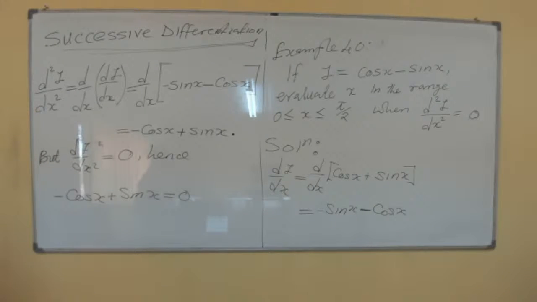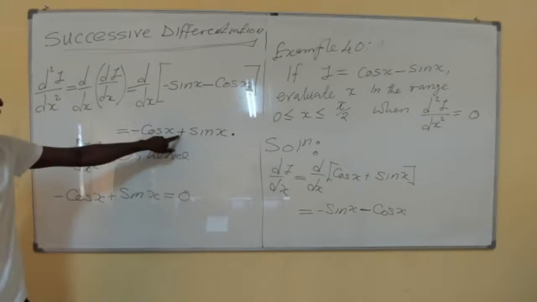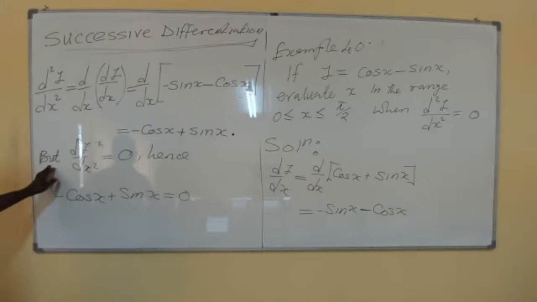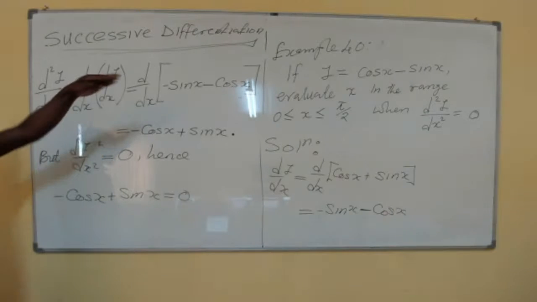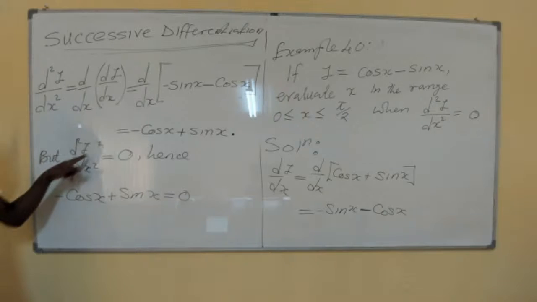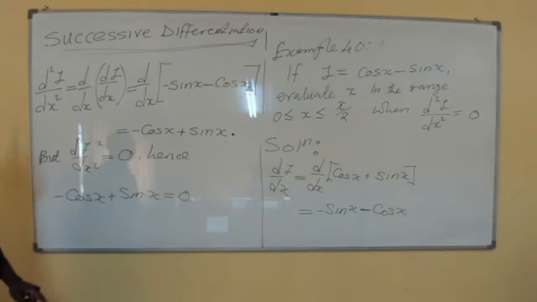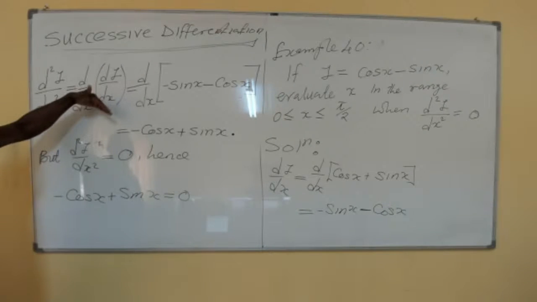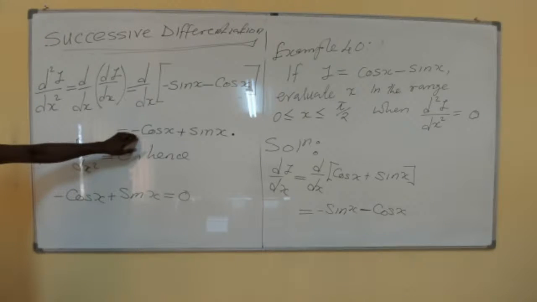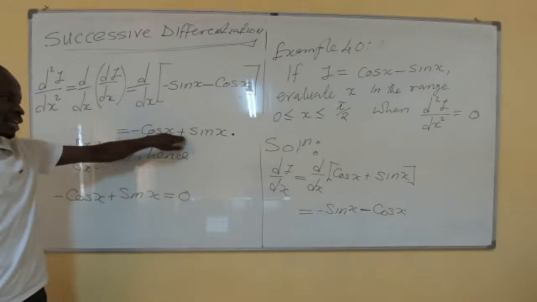So what we have is that the second derivative of the function y with respect to x is the negative of cos x plus sine of x. But from our question, the second derivative of the function y with respect to x is 0. During the solving, we have discovered that the second derivative of y with respect to x is equal to negative cosine of x plus sine of x.